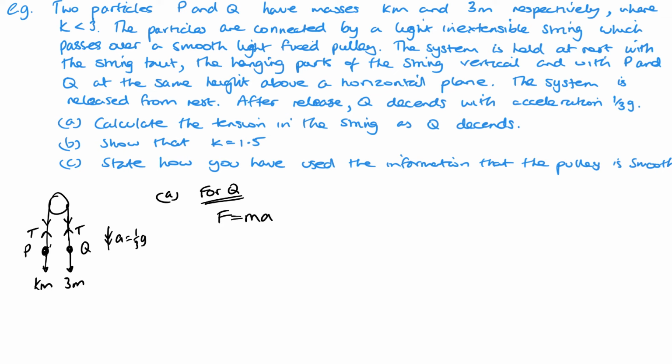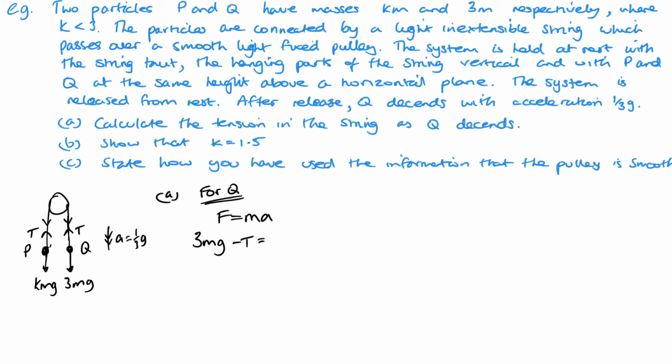F equals ma. The force is going to be 3m, going down, multiplied by g for that weight. Should put the g in there really. Minus T for the tension. So my overall force is going down, so this minus this.